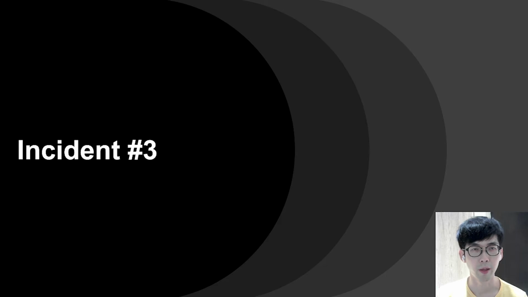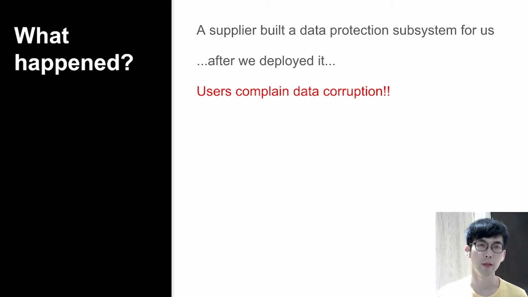Next one is about reliability. We know security is also an important non-functional requirement of a data-intensive application. So we, more specifically my boss, decided to outsource our data protection module to a professional security service provider.